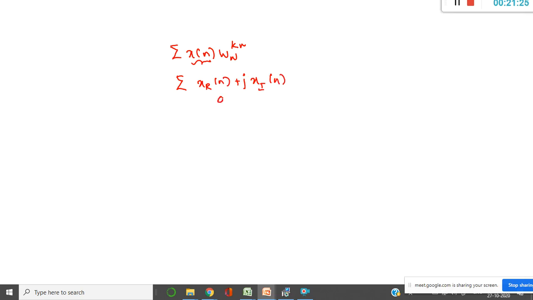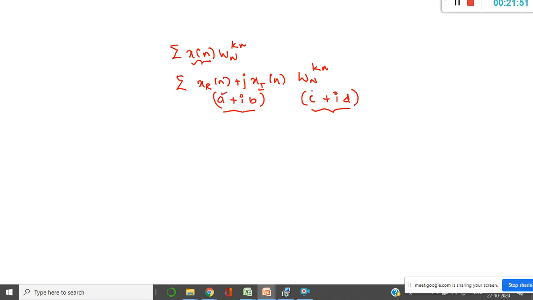This x of n will be in the form of a plus ib, and W_N to the power of kn is cos theta plus i sin theta, again in the form of c plus id. Now if you multiply these two, how many real numbers and how many imaginary numbers do you get?